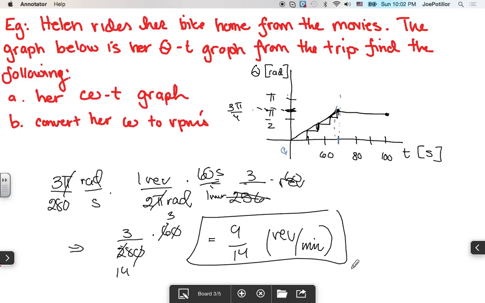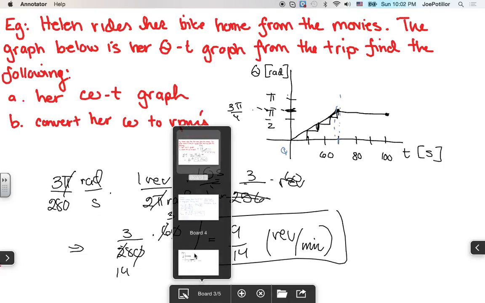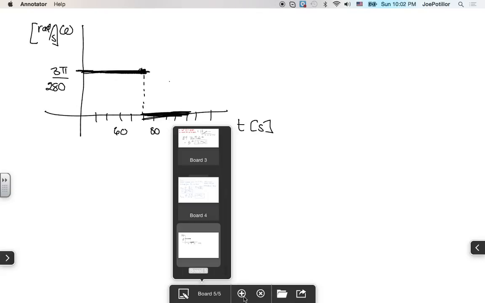Okay. Let's move on. So what happens in rotation is, of course, we have a circle with its radius. And this is the angle, and this is the arc length.